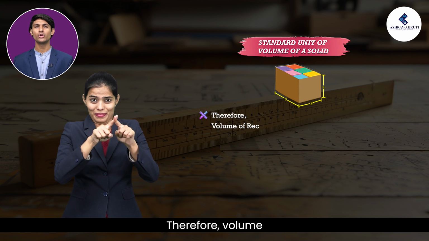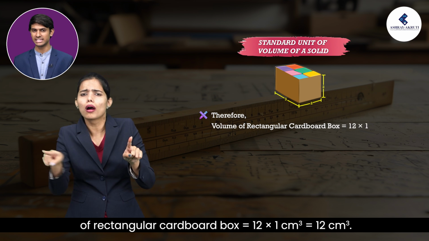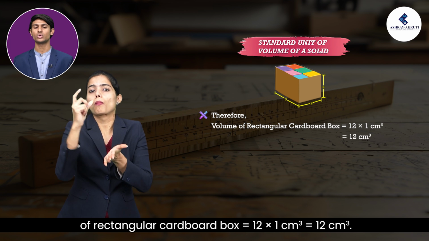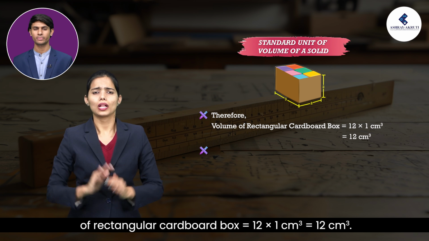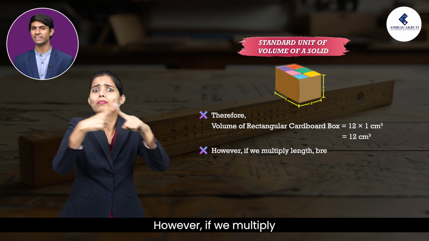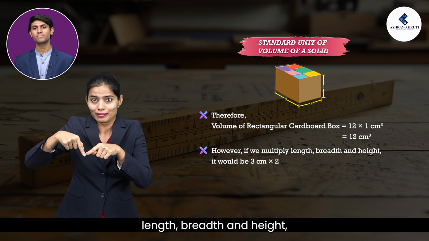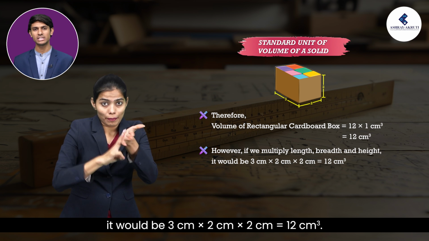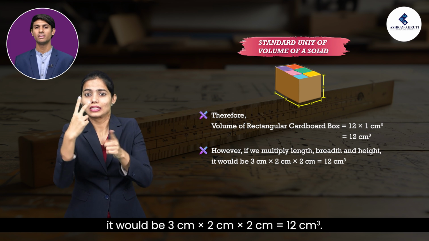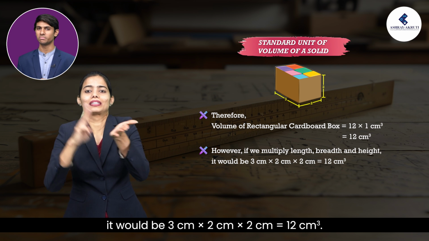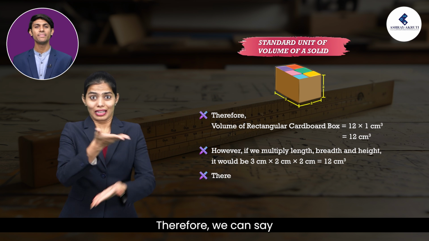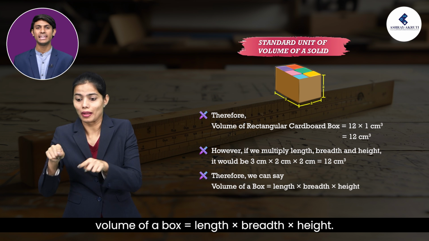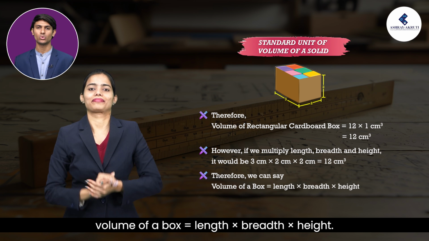Therefore, volume of the rectangular cardboard box is equal to 12 into 1 cm³, which equals 12 cm³. However, if we multiply length, breadth and height, it would be 3 cm into 2 cm into 2 cm, which is equal to 12 cm³. Therefore, we can say volume of a box is equal to length into breadth into height.